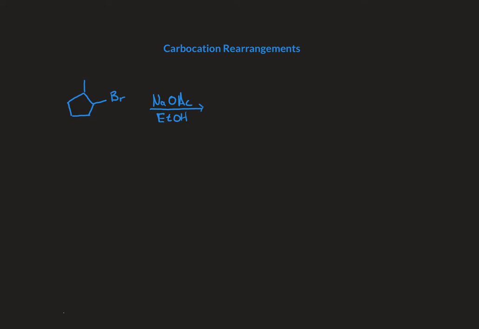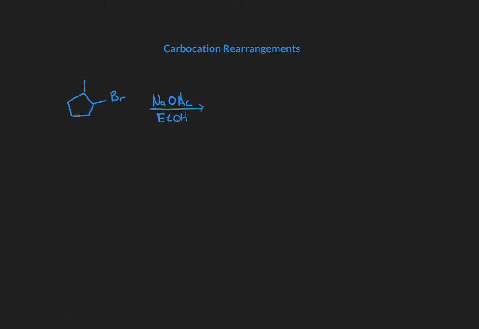And then we sort of muddied the waters a bit and introduced SN1 chemistry, which led to essentially the same products, but now tertiary alkyl halides can undergo SN1 reactions, and they involve multiple steps. Today, in this video, we're going to muddy the waters even further because carbocations can rearrange.